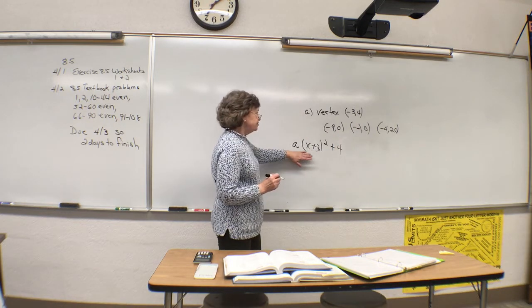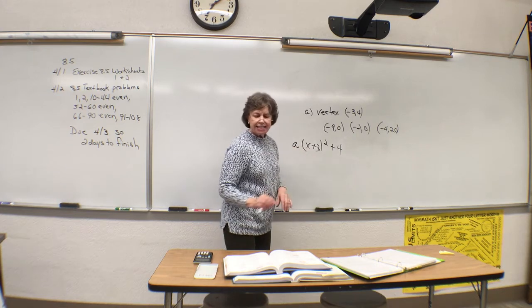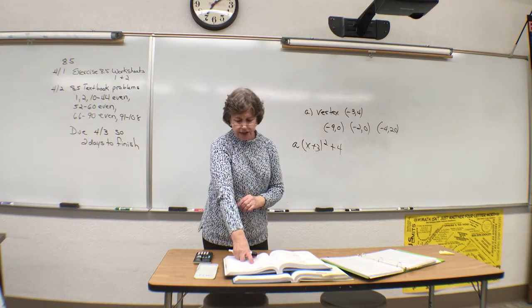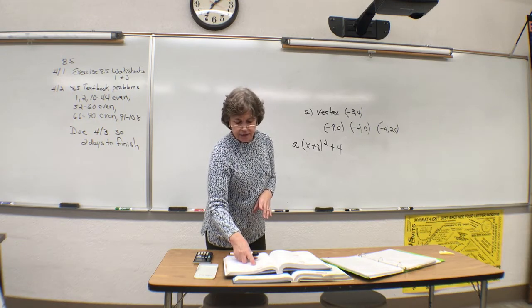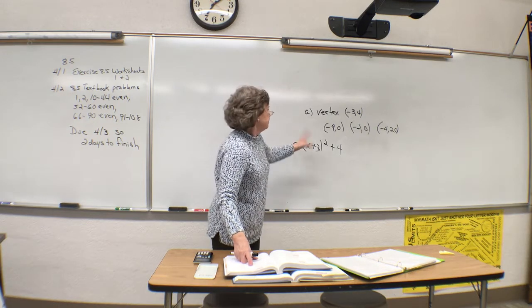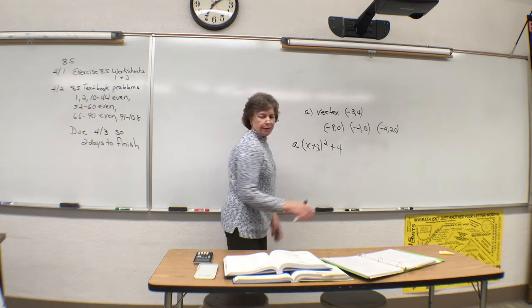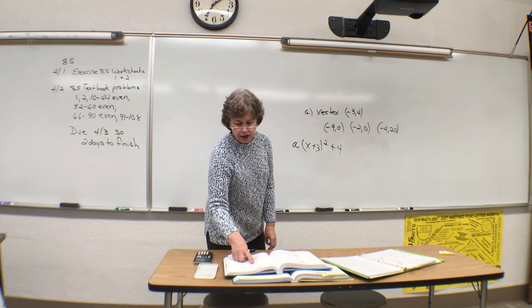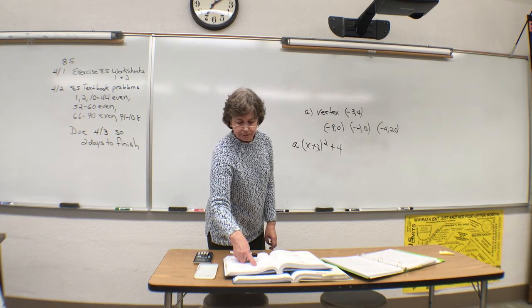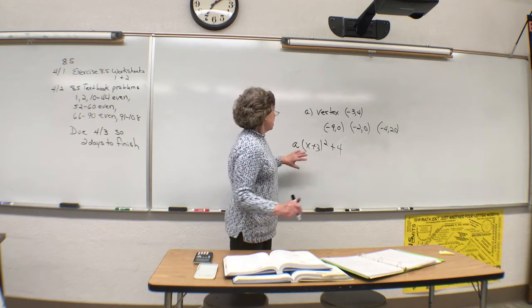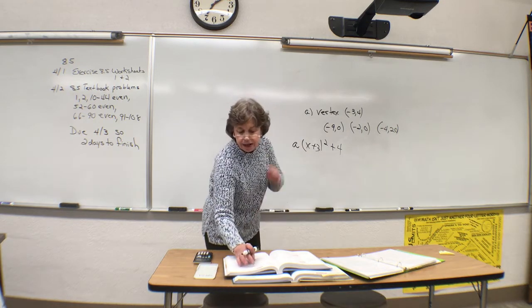So now I need to figure out what the a is, and I've got a couple of ways to do that. They took this in vertex form and multiplied them out, so I've got an x squared plus... I don't know what the a is, if they're doing it this way.